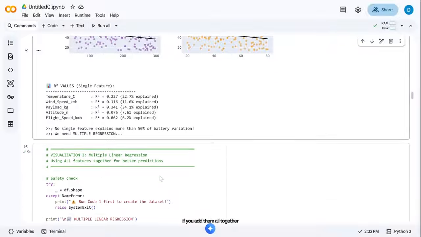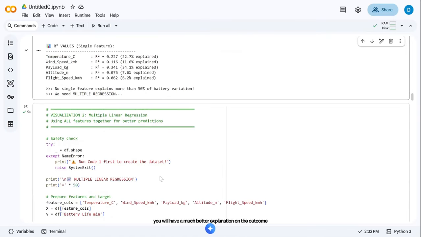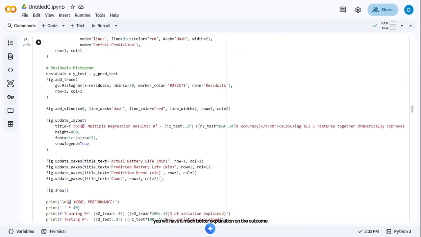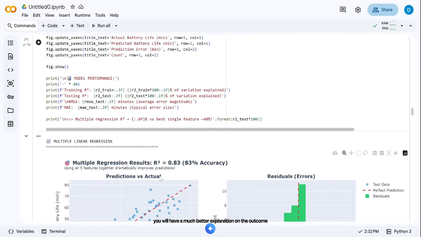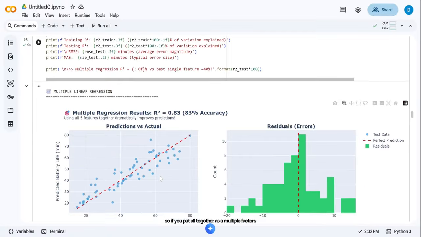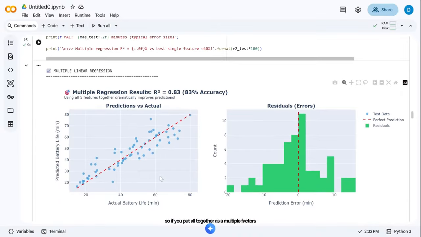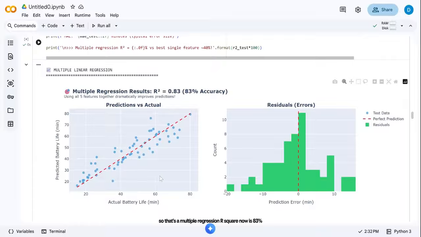If you add them all together, you will have a much better explanation of the outcome. If you put them all together as multiple factors, that's a multiple regression, and R square now is 83%. It's accurate.